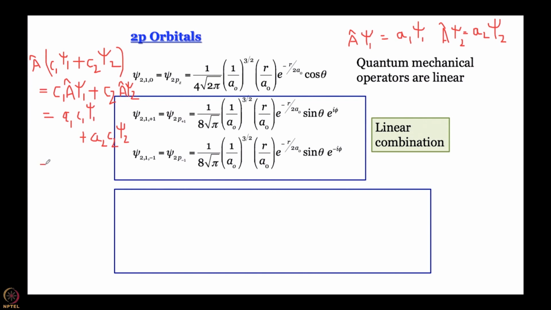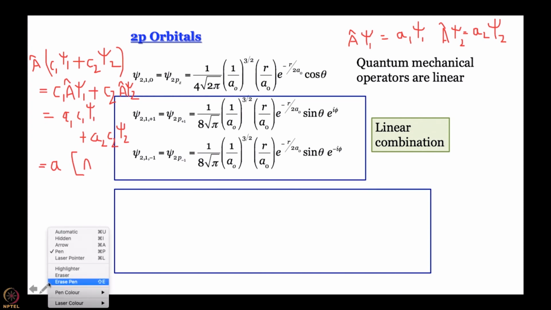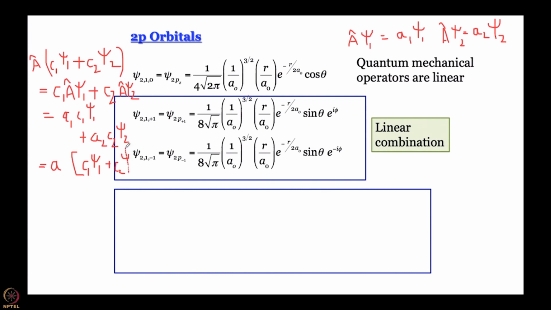When will that happen? It will happen when you can write like this, A multiplied by C1 psi 1 plus C2 psi 2. When will this happen?